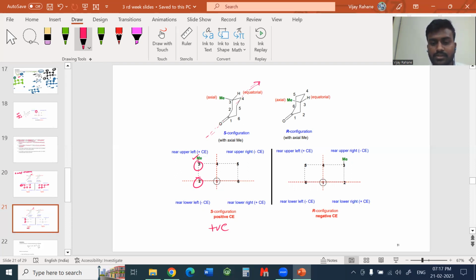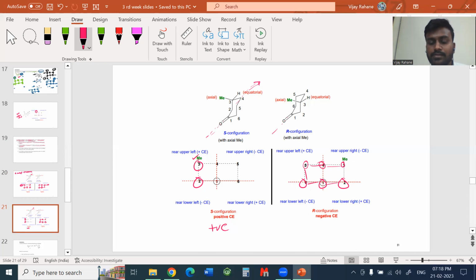And if you draw the second structure, this second possible structure, here in this one, the groups are at axial position at C3, and both are on the right side. So we have written it here, right?